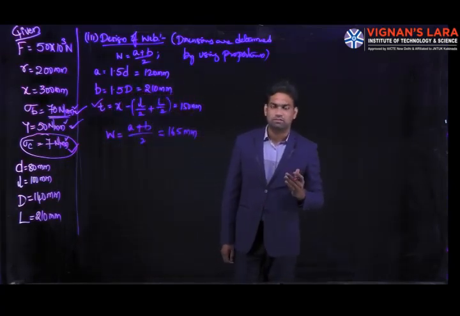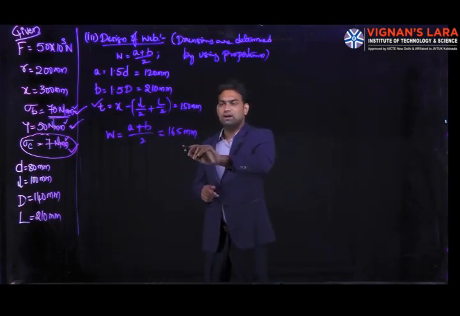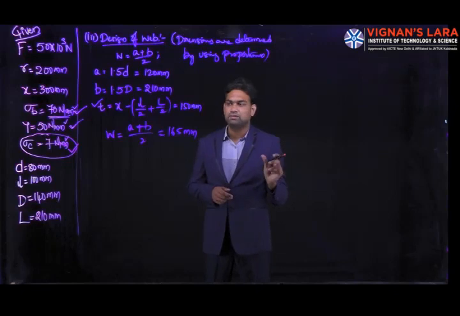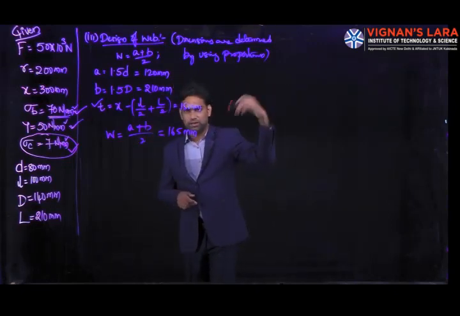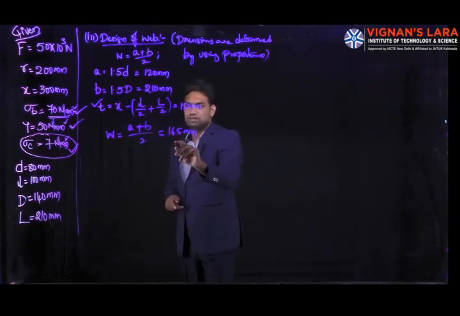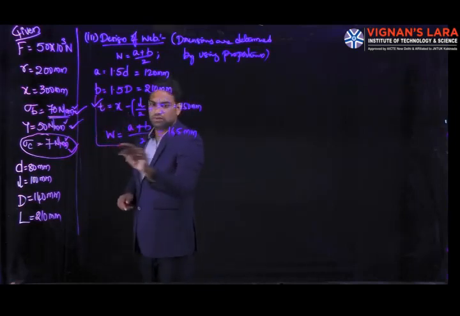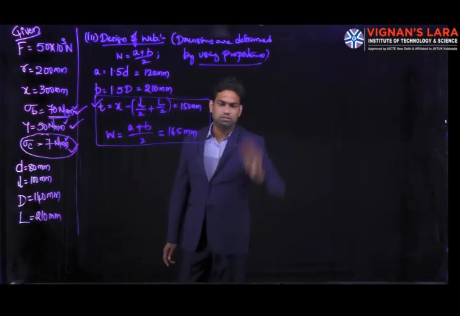The cross section of the web is rectangular, the thickness is denoted by t, and the width is the mean width, computed from the width near the crank pin and near the main journal, a and b. So the mean width is 165 mm. These are the dimensions of the web, calculated using the proportions.